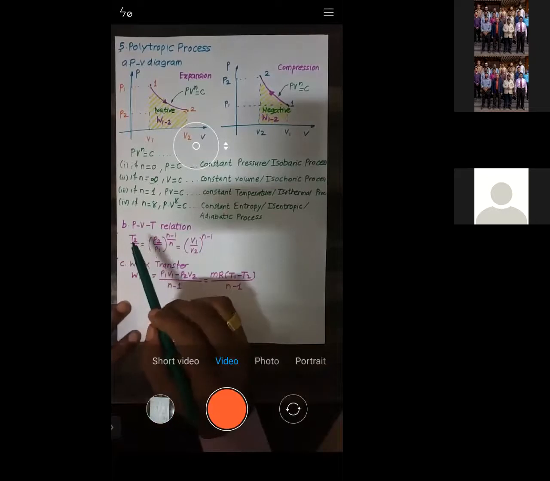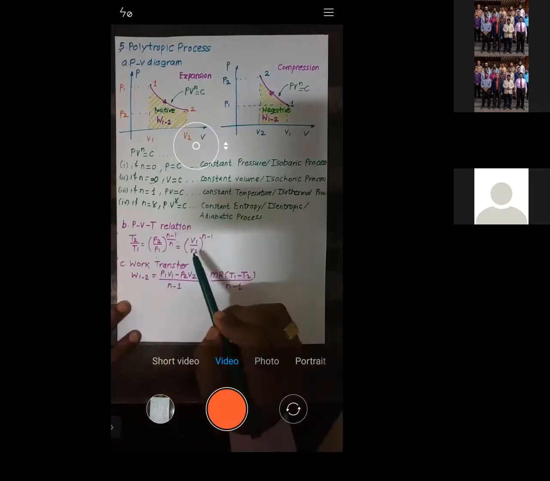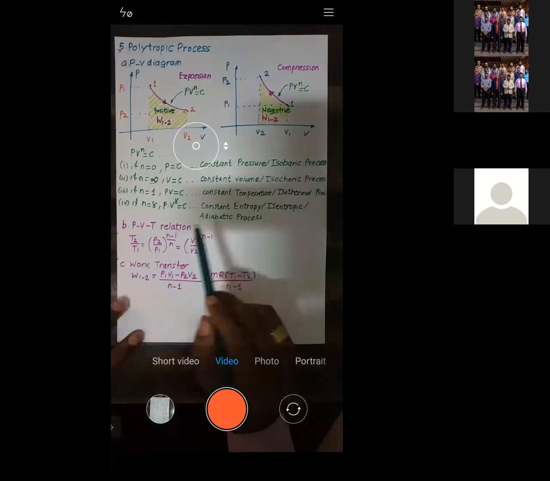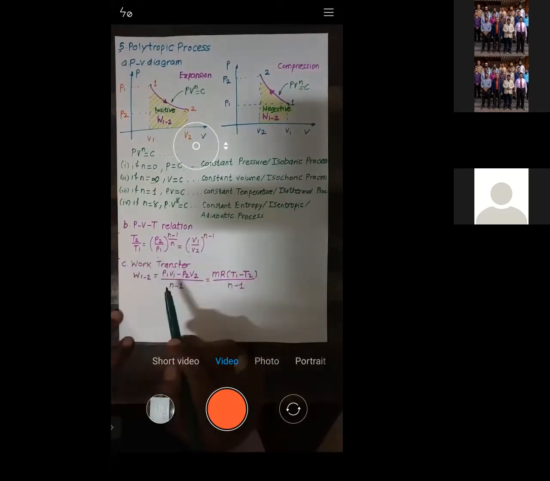In the adiabatic process, the law was T2 by T1 is equal to (P2 by P1) raised to power (gamma minus 1) by gamma, is equal to (V1 by V2) raised to power gamma minus 1. So here I just replace gamma by n. Similar thing I have done for work transfer, where I was getting the expression as (P1V1 minus P2V2) upon (gamma minus 1).